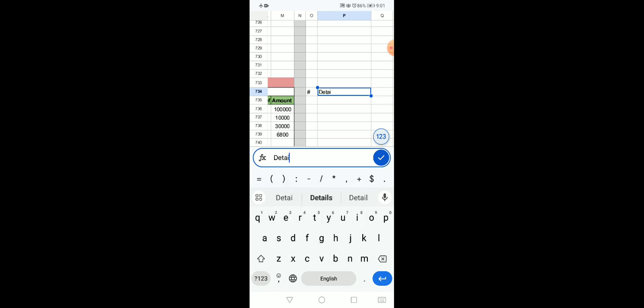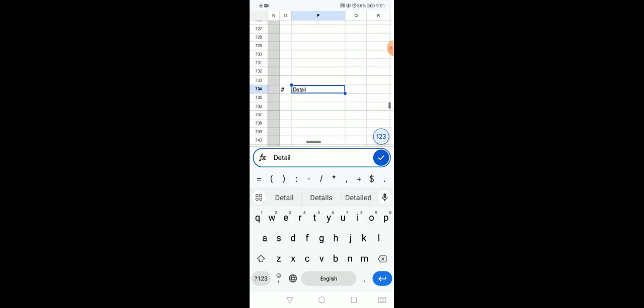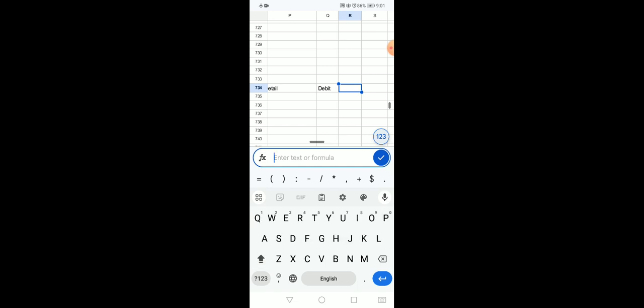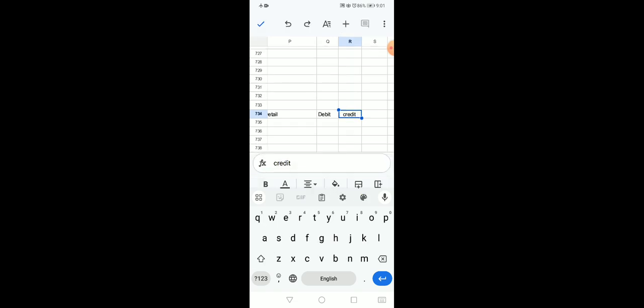You will write down the title over here. Here you will write the amount for the debit side, and the amount for the credit side over here. So this is the total format, and you will be using this format for making the trial balance.